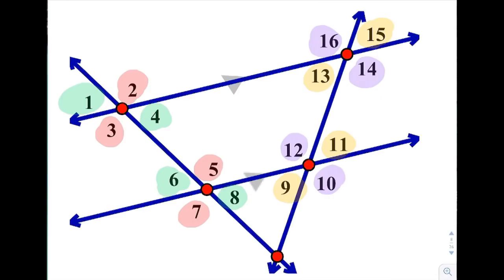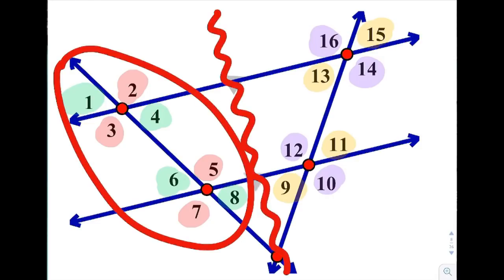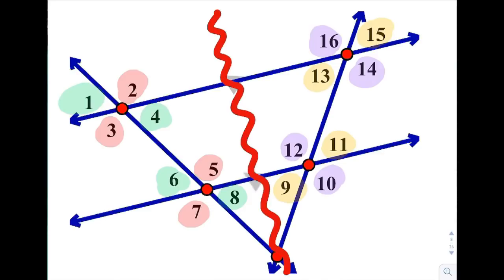On page 6, it looks kind of crazy and complicated, but you really just have a pair of parallel lines and then two different transversals coming through. They are completely unrelated, so anything to the left is all related, and anything over here is related, but nothing's related from left to right.